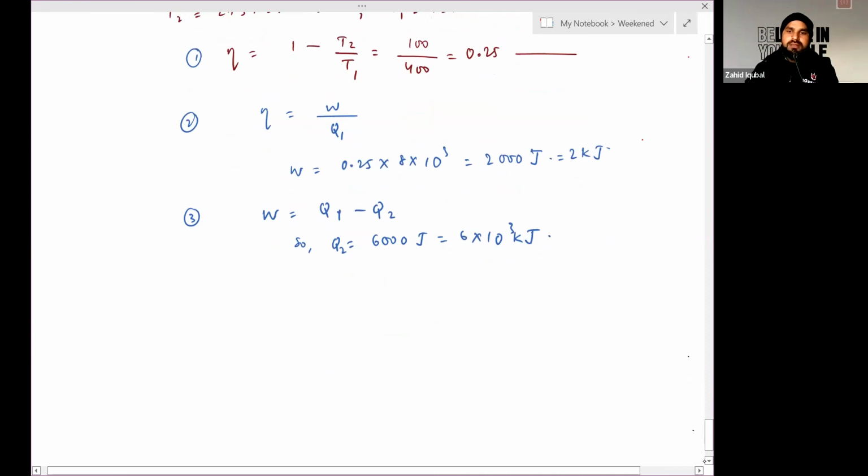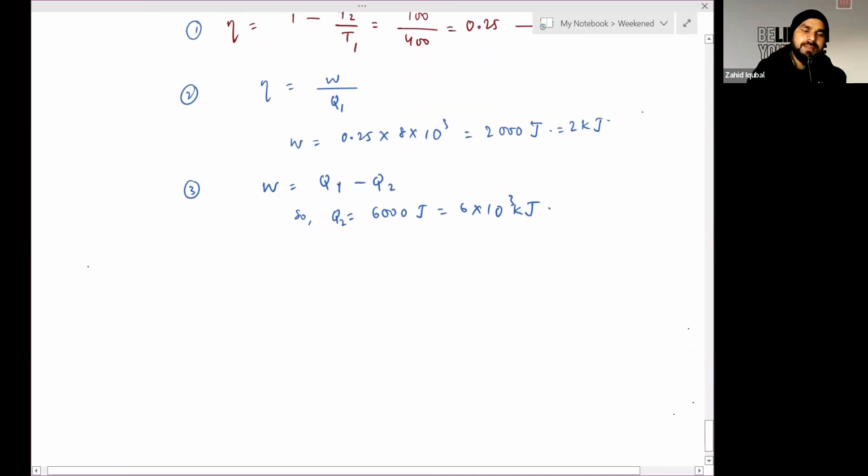Now, what do you mean by Carnot engine? You'll say Carnot engine is also a heat engine which has maximum efficiency. We just assume this engine to be ideal.